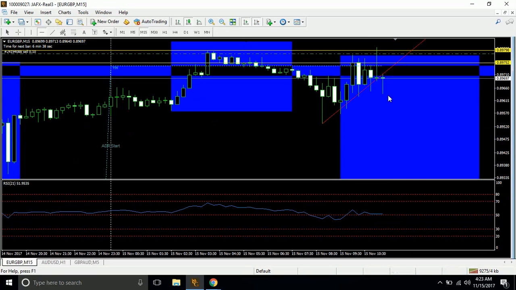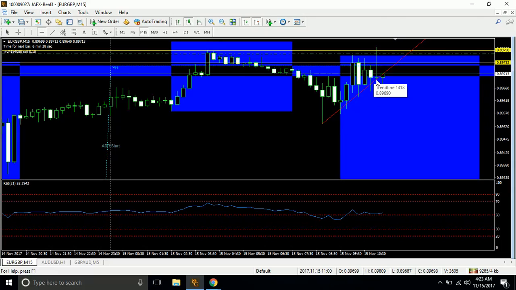Look at the pattern we're still getting. See, this is the pin I was telling you that if we got this pin, we were going straight down. But look at the candle that came right after it. It was a trap candle.